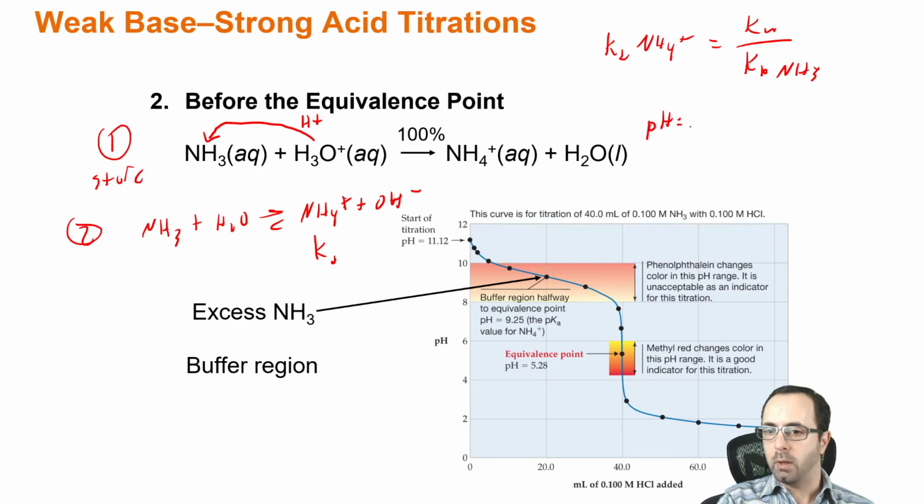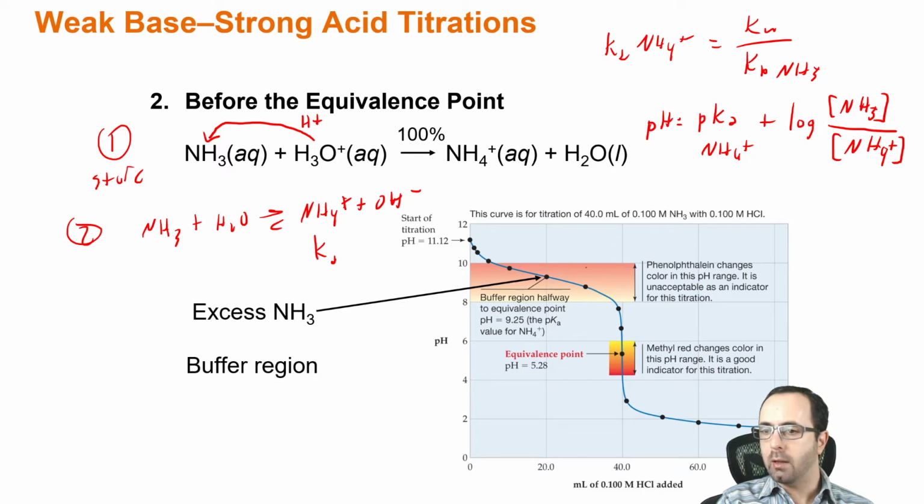The pH will be equal to the pKa plus the log of the base, which is NH3. In this case, it's not the salt; it's base over acid, ammonia over ammonium ion. If we're at the half equivalence point, then these two will be the same. And so at the half equivalence point, the pH equals the pKa of ammonium ion, which is 9.25.